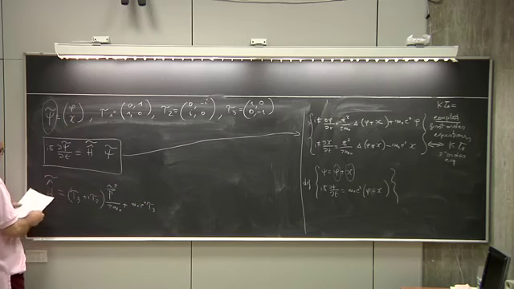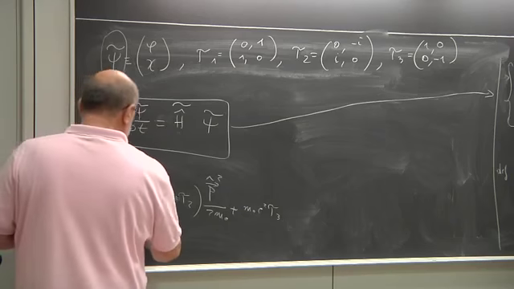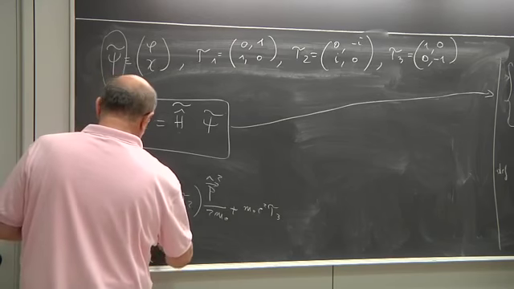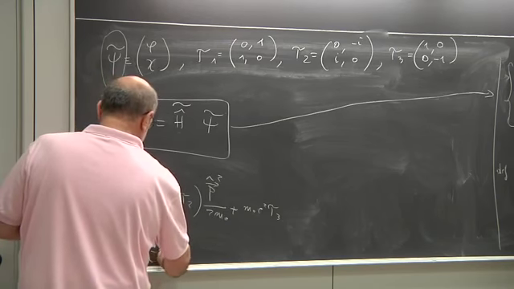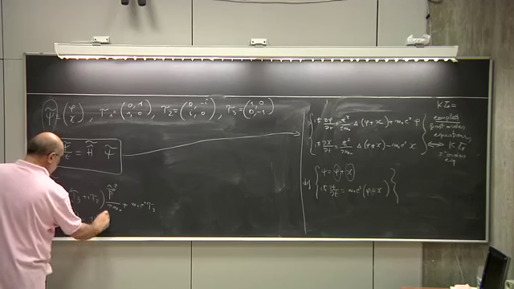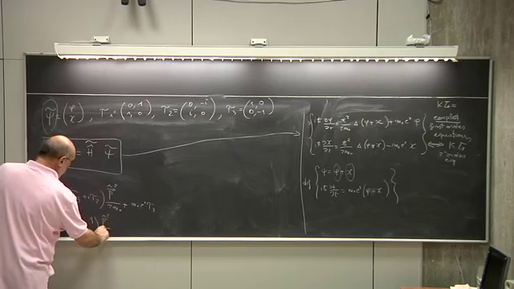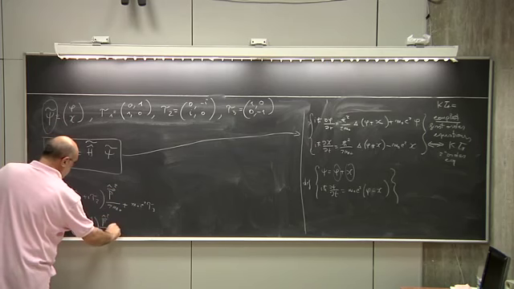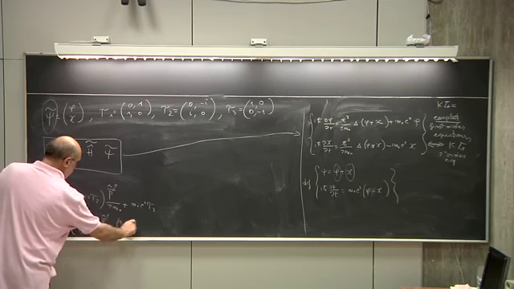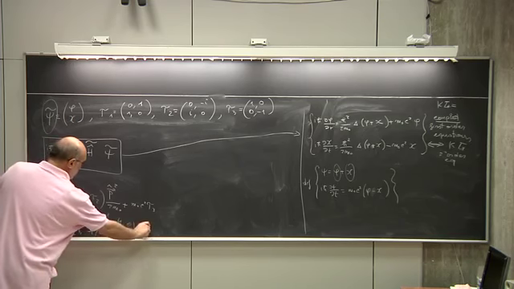Okay, and if you want to write these in components, it is the matrix 1, 1, minus 1, minus 1. This is an operator in wave function space, plus the matrix 1, 0, 0, minus 1, times m0 c squared.